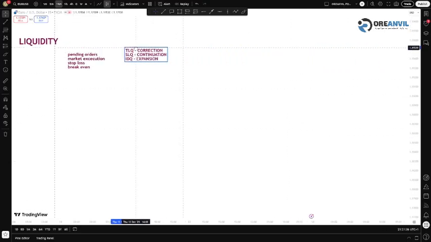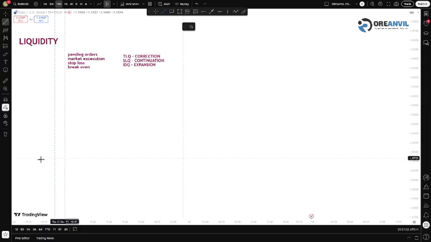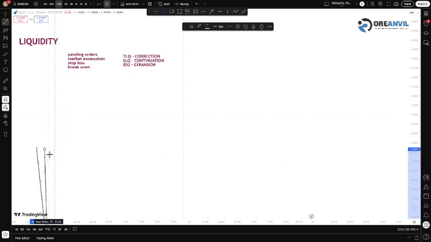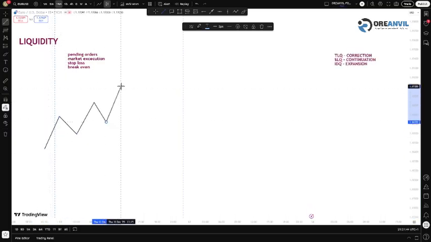So our transactional liquidity is responsible for correction. When I say liquidity is responsible for correction, what am I talking about? It means in every market scenario, you have pushes such as this.